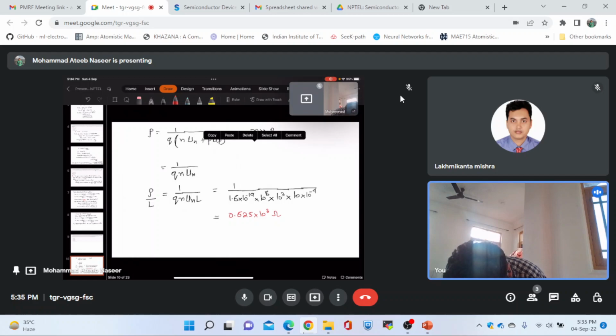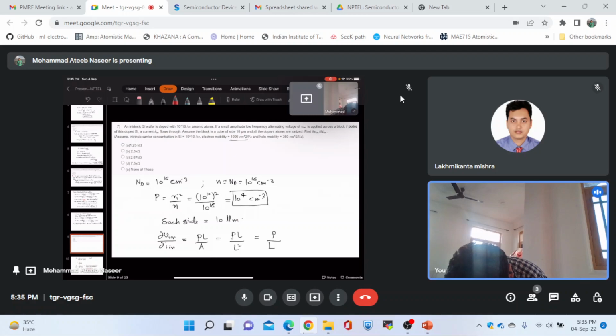We have been told to find it in kilo ohms, so we will write it to be equal to 0.625 kilo ohms. So let's check which option matches. There is no option matching this answer, so we will select none of these.